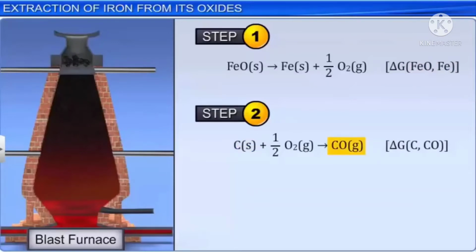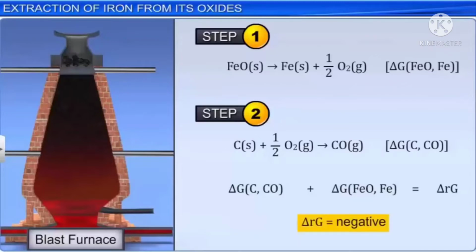Let the change in the Gibbs free energy be delta G, CO. When the two reactions occur, the net Gibbs energy change becomes delta G reaction equals delta G CO plus delta G FeO Fe. This becomes spontaneous when delta G reaction is negative.